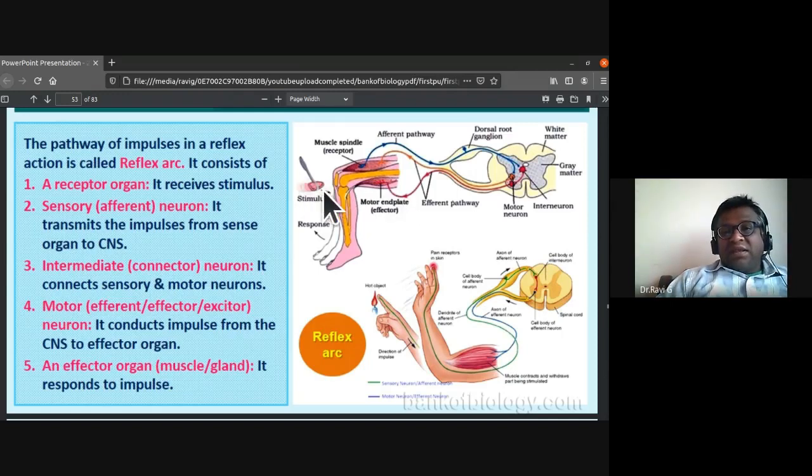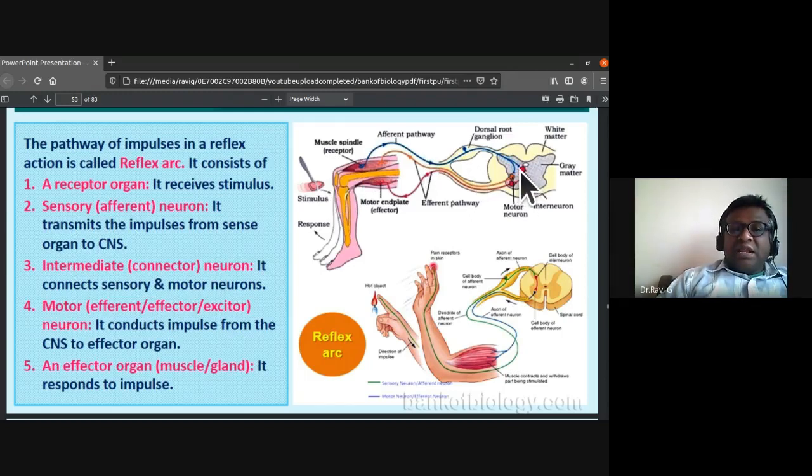See here, in this reflex action the stimulus is tapping the kneecap. Once the stimulus is given, the impulse is sent from the sensory receptor organ to the central nervous system through the afferent neuron. Afferent or sensory neurons carry the impulses from the sense organs to the central nervous system.